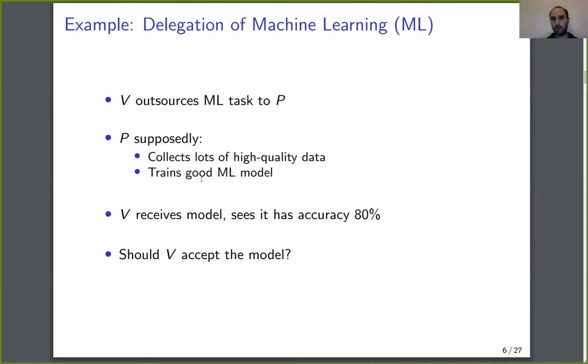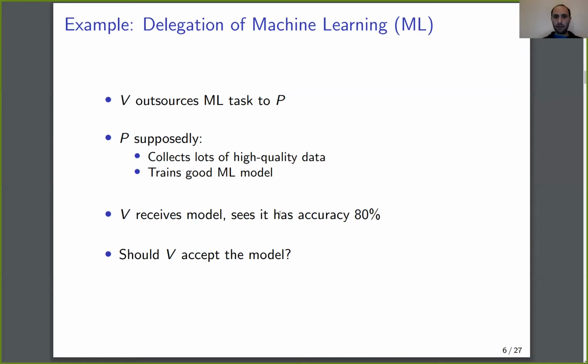That's a pretty good estimate of the true accuracy of the model. But if V knows that the accuracy is 80%, it's still not clear if V should accept or not. Is 80% good enough, or not good enough? Maybe the provider was slacking off and they could have gotten to 90% if they had done more work.